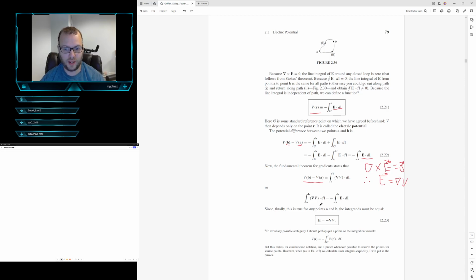I jumped a loop. So then we have the fundamental theorem of gradients on its own, given here. And if we replace the difference by this fundamental theorem of gradients, then we have the integral of del V dot dl from A to B is equal to the negative integral from A to B of E dot dl. But because this is true for any points A and B, you can take any path.